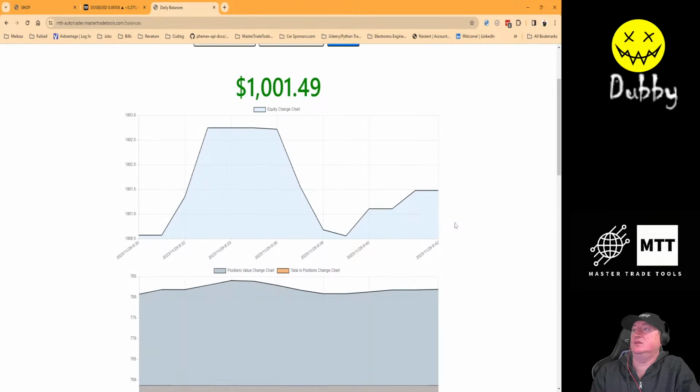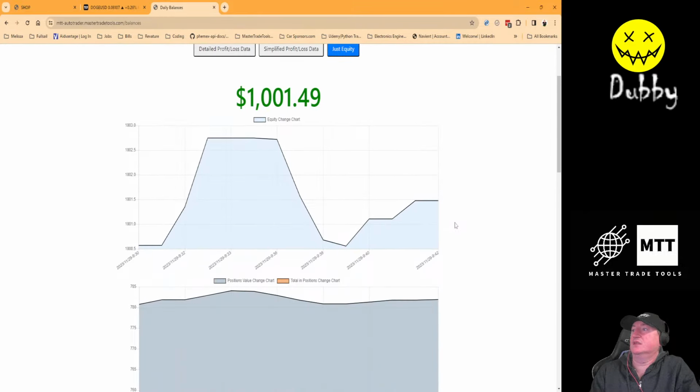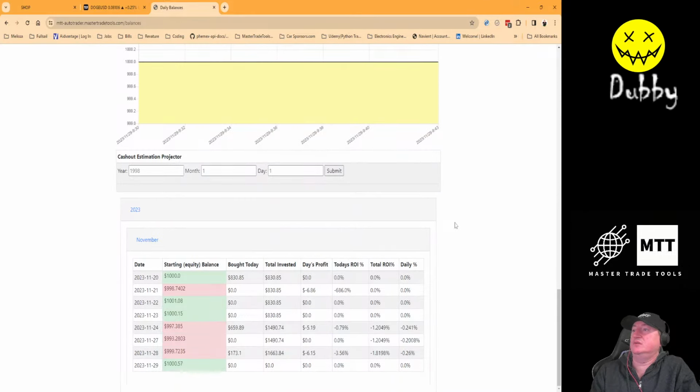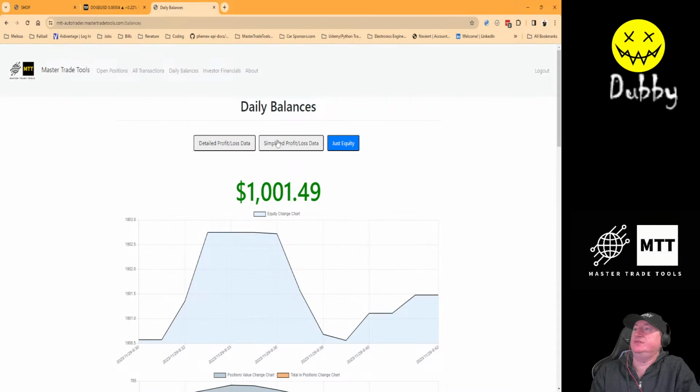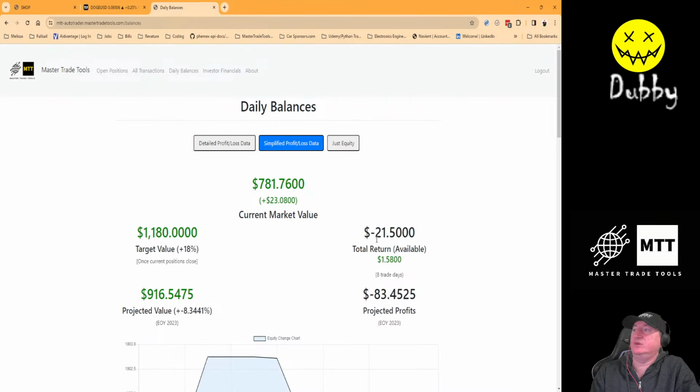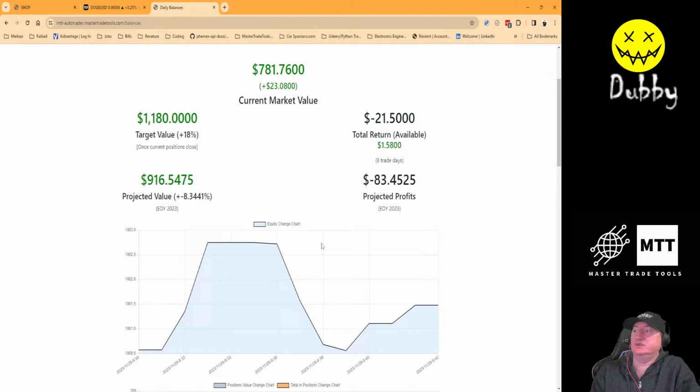Yeah, we're up, but we're not up that much, obviously. But if you take a look at where we were down $21, and now we're showing unrealized of 23. So it's still good.